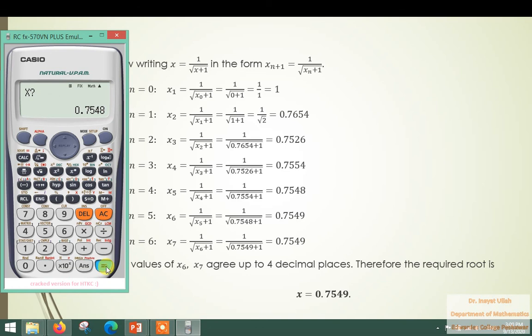Again equal, Ans, equal: 0.7549. So see, these two values are now equal to each other up to 4 decimal places. So this is how we use the calculator whenever we are dealing with the simple iterative method.